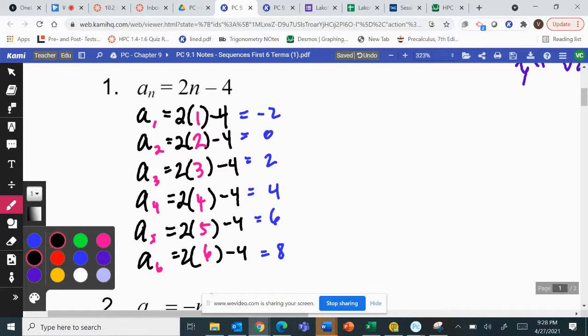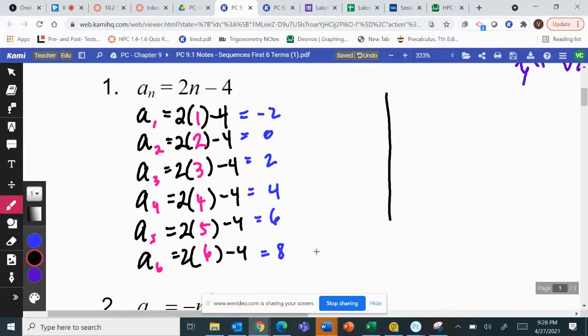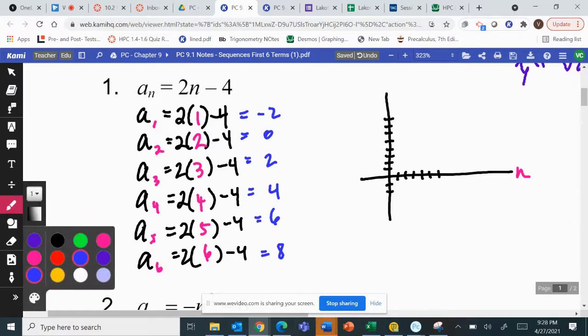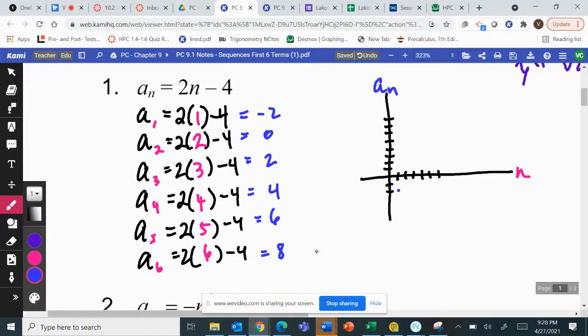If I were to plot these, my x-axis would be n, and my y-axis would be a sub n. And so I would go to 1 on the x-axis and negative 2 on the y, or on the n and the a sub n.